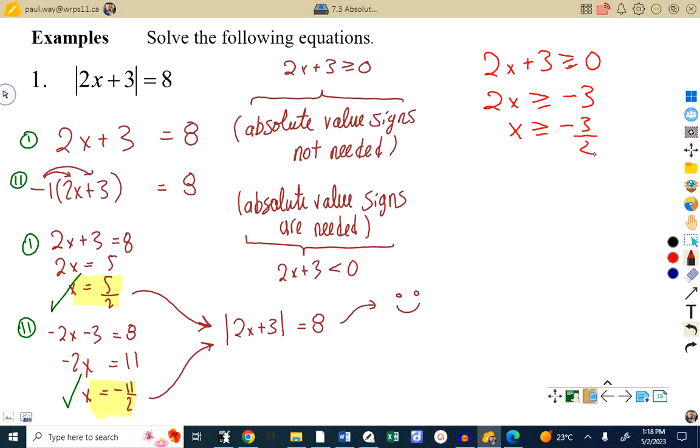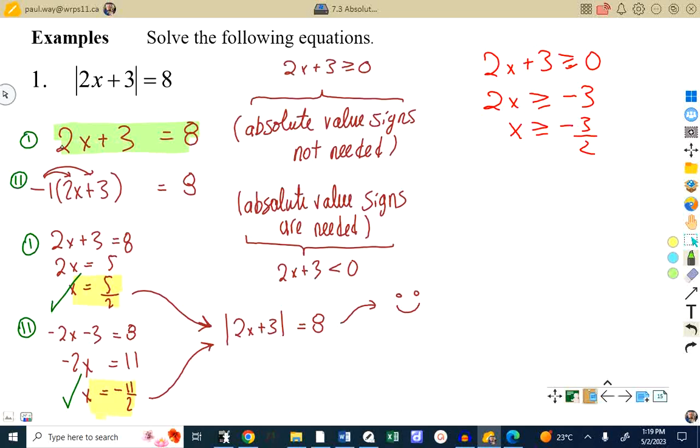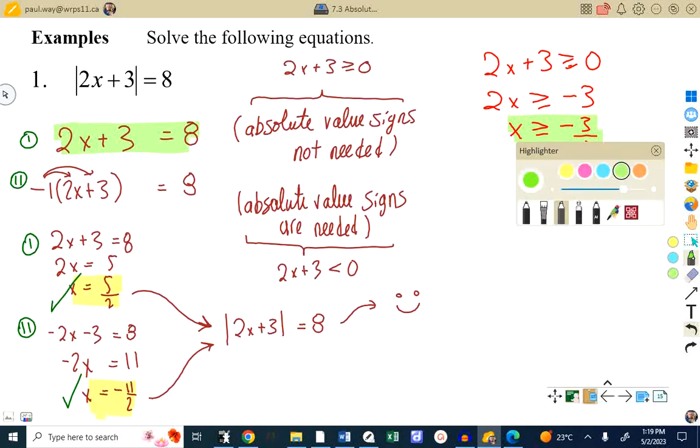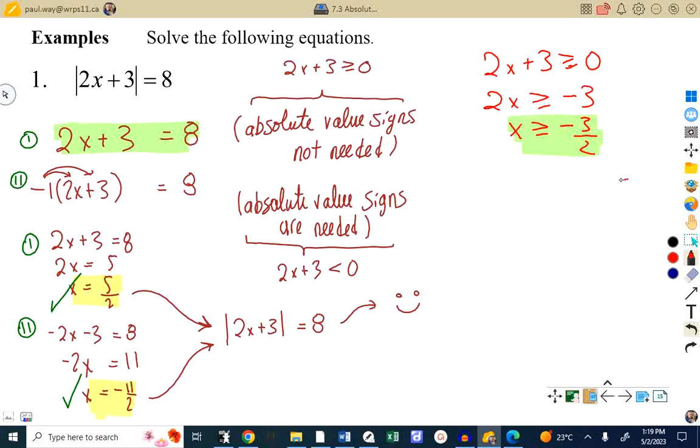Okay. This equation, everybody, and this is getting very subtle, this equation is only valid in that region for x. On a number line, x is greater than or equal to negative 3 halves is this.